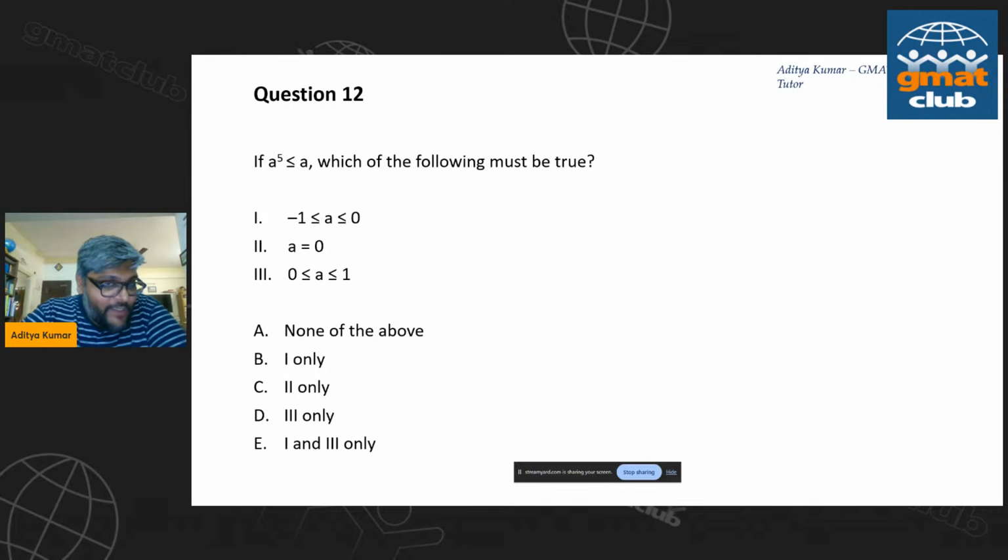Guys, remember what is the rule for a must be question? The rule for a must be question is a statement can only always be true if it caters to every possible value that the constraint defines. Again, I'm repeating what I said. It's very important for you. It's a difficult concept to get your head around.